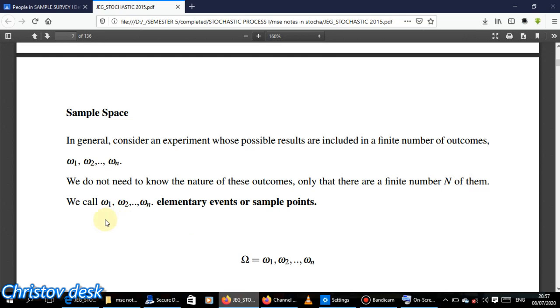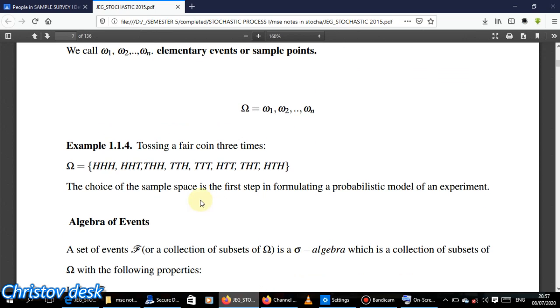We call them omega 1 up to omega n, elementary or sample points. So the sample space is just everything that is possible to count. When you toss a fair coin 3 times, this is all the possible things that might happen.